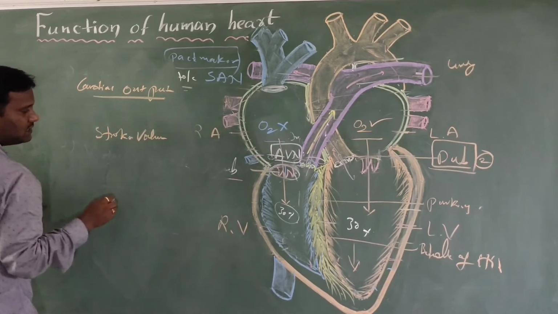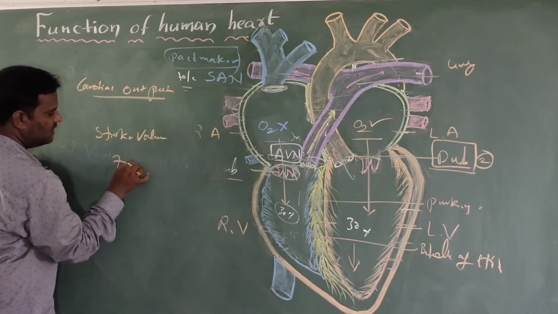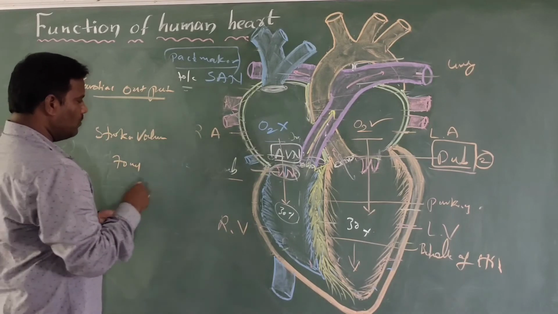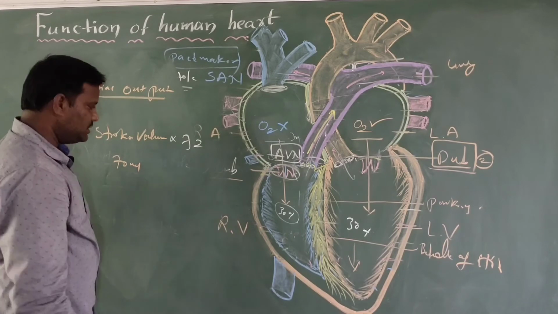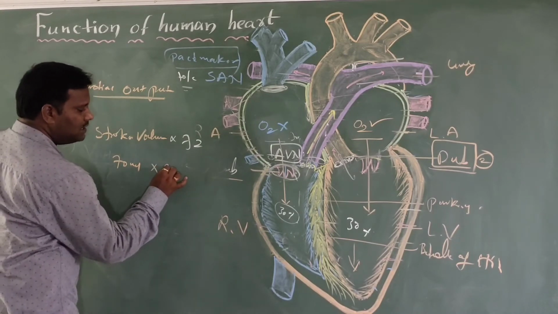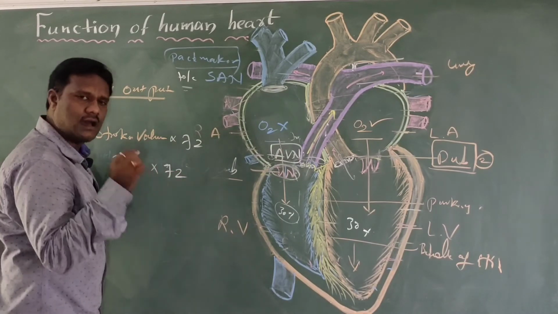Approximately the stroke volume is 70 ml, Nana. How many heartbeats are there in normal humans, Nana? 72 times. So 70 ml into 72 heartbeats in normal humans.